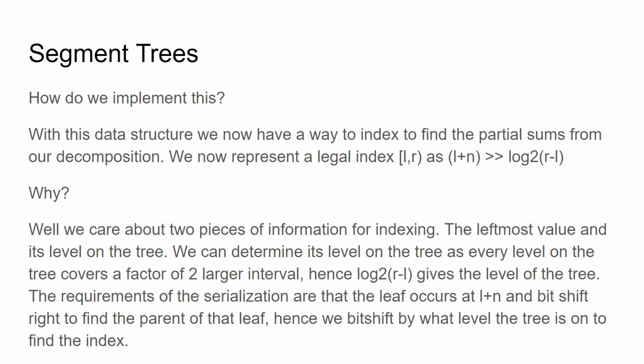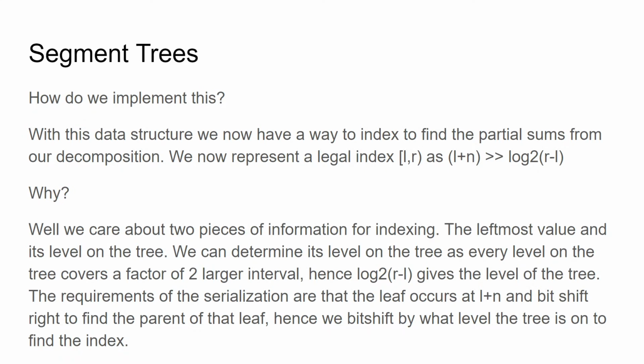And the distance between L and R, so the interval, will always be equivalent to 2 to the level that it's on, or 2 bit shifted by the logarithm of R take L. So all of that text is essentially saying why this is the case.